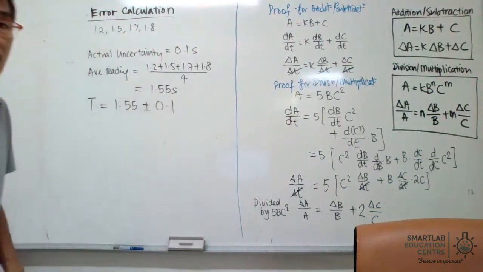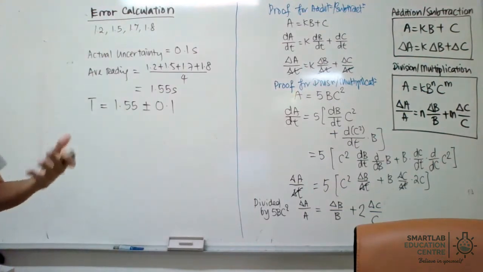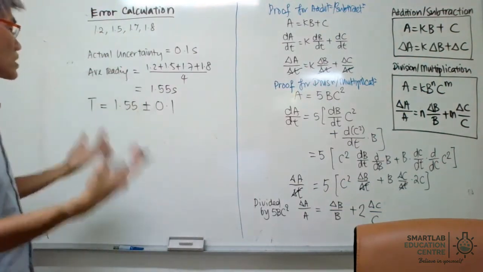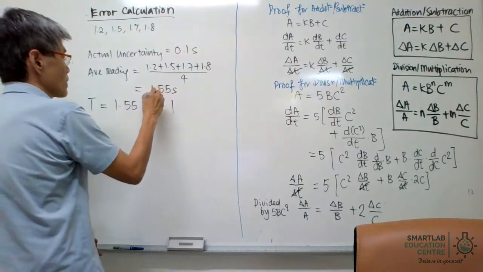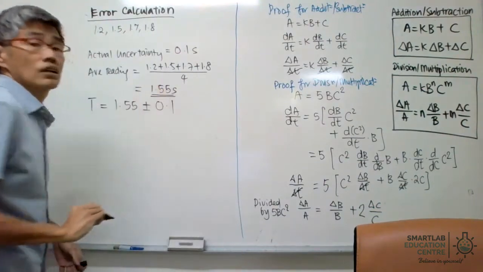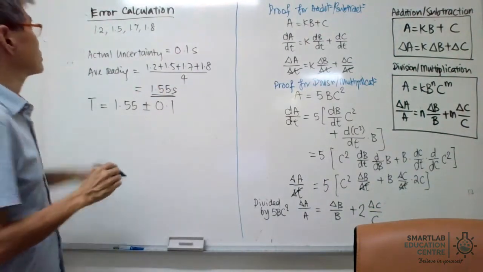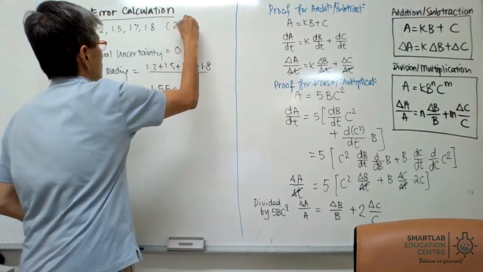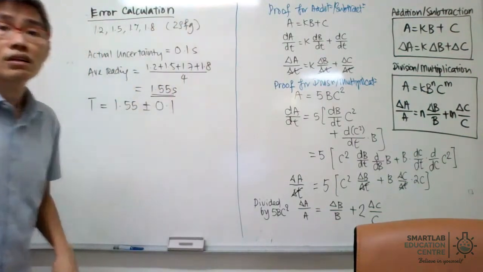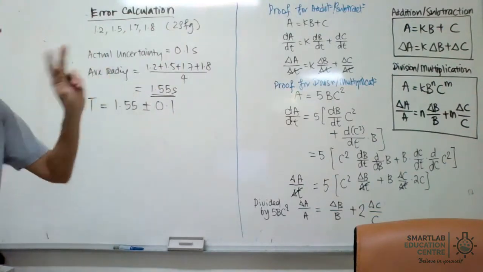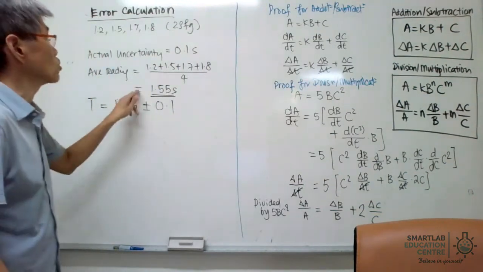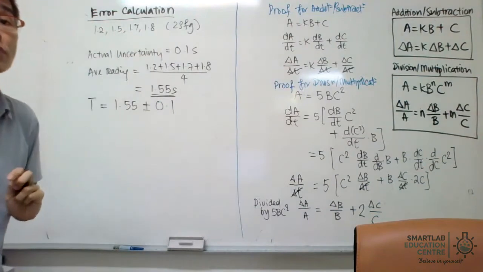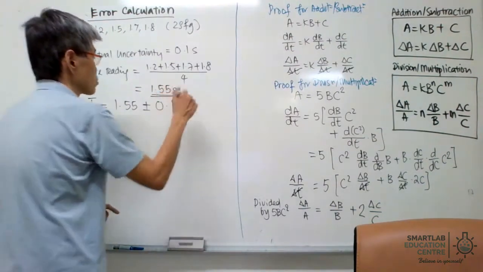Okay. So the key thing to take note in terms of the significant figures: firstly, obviously, this is not correct, because you need to bear in mind that if all your measured readings have 2 significant figures, then whatever calculated readings you have must also have the same minimum number of significant figures, which is 2 SF.